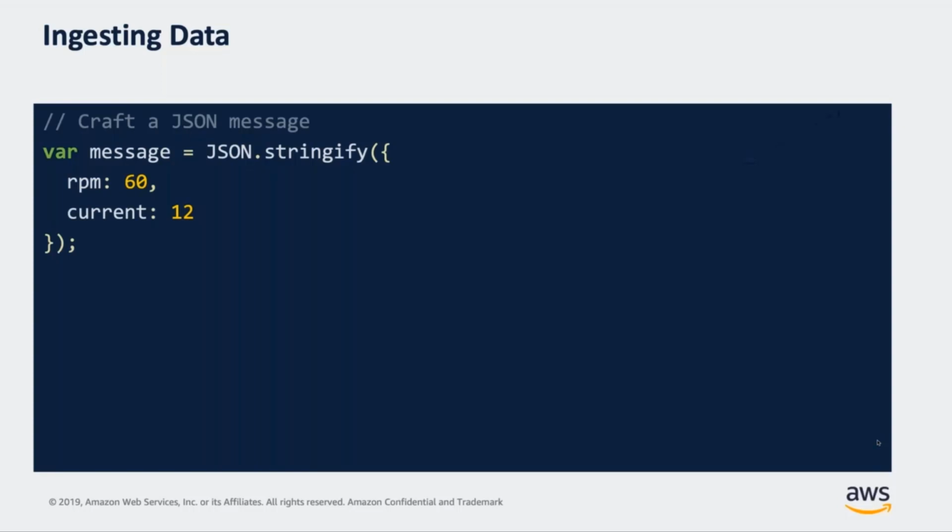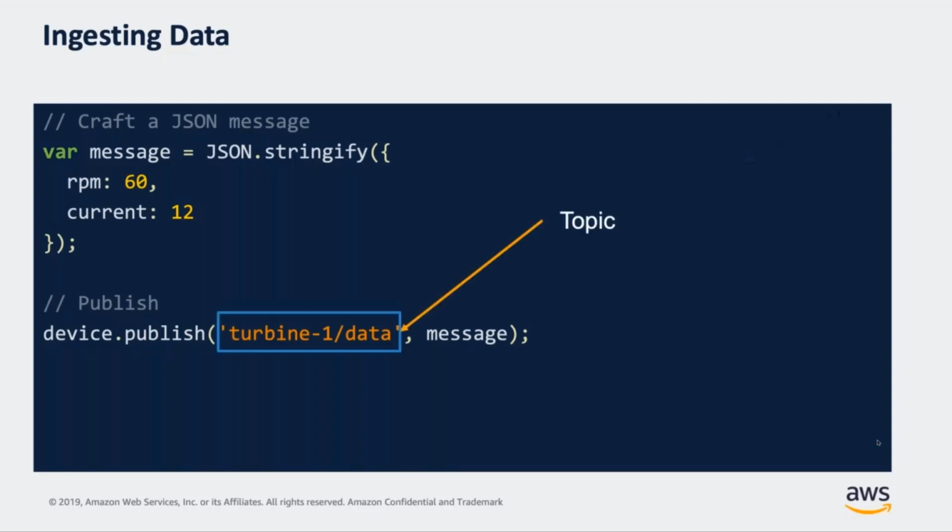And then once you have packaged this information in a string, all you need to do is publish this information to a topic, an MQTT topic. So in order to send this data to AWS IoT, you need two things. You'll need an MQTT topic that dictates where you are sending this data, and you will need the actual payload, the actual content of the message being sent.